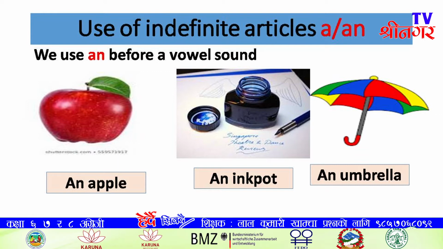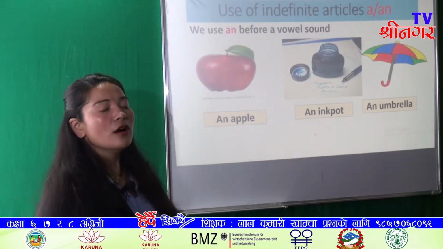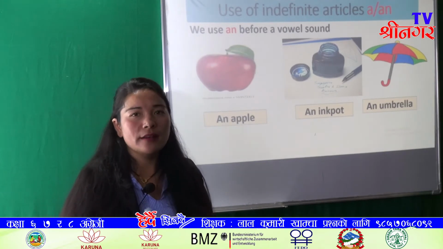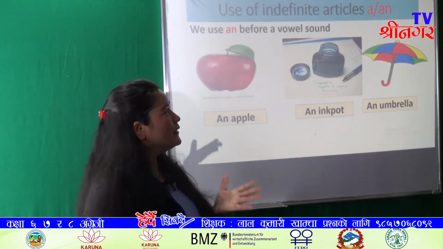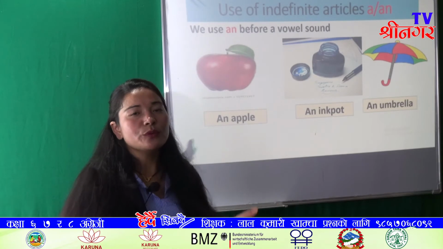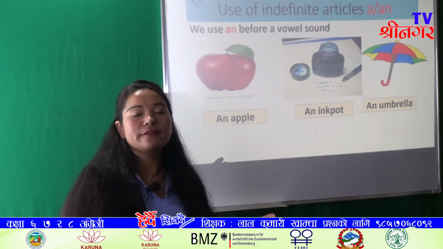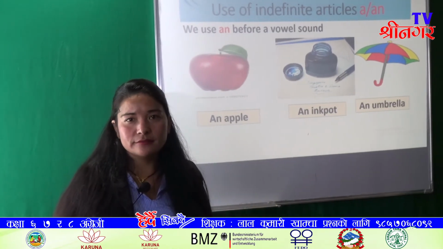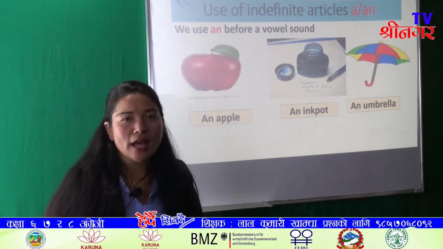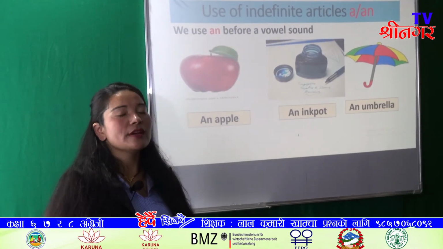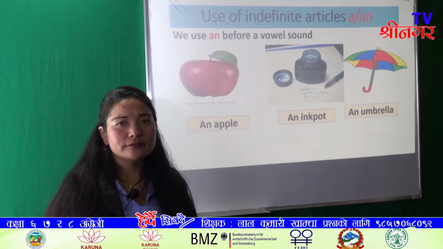And next one is umbrella, u is also a vowel sound. So before vowel sounds we use the indefinite article an, and before consonant sounds we use the article a.